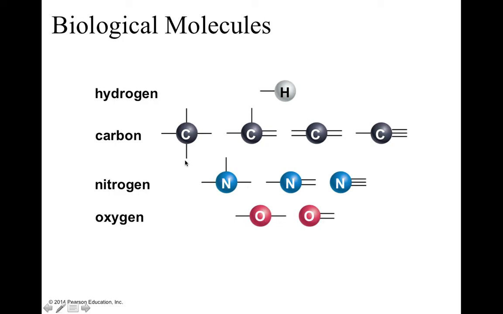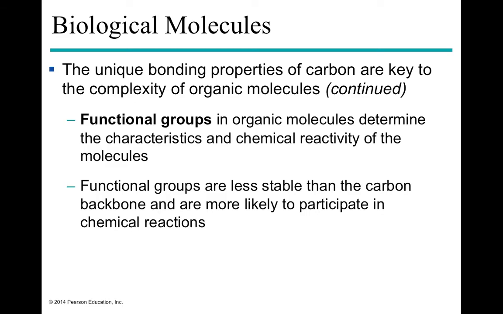Carbon, however, has more versatility because it's able to make 4 single bonds, or as depicted here, 1 double bond and 2 single bonds, or 2 double bonds, or a triple and a single. So my point is that there are more orientations for the carbon atom to interact with other atoms to be able to make different shaped molecules. And that's going to be very important for all of the different biological molecules that we talk about, because that gives it a lot of complexity and different unique shapes that we're able to create and interact with one another.